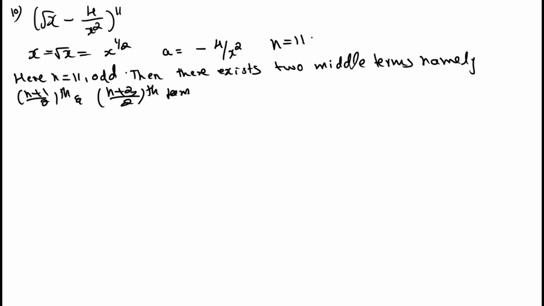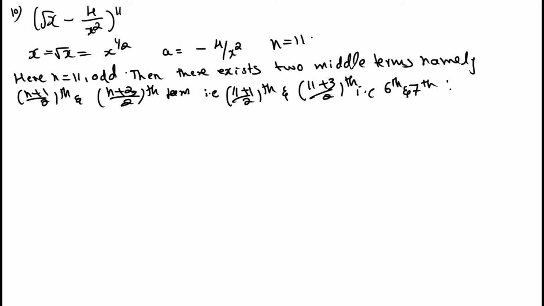These are the two middle terms. That is n plus 1 by 2, 11 plus 1 by 2th term, and 11 plus 3 by 2th term. That is 11 plus 1, 12 by 2, 6th term, and 11 plus 3, 14 by 2, 7th term. So 6th term and 7th term are the middle terms.